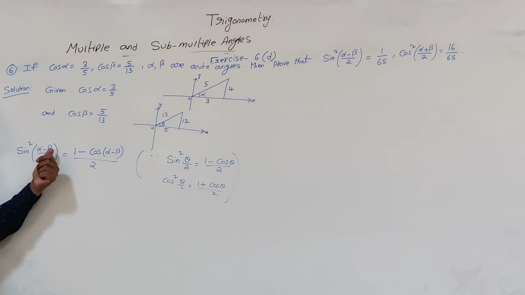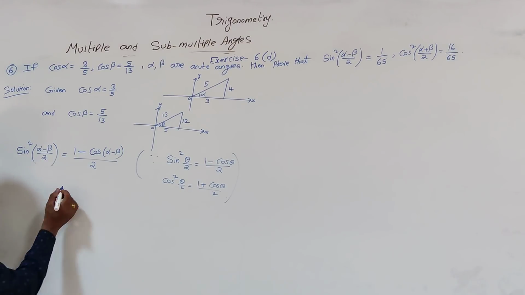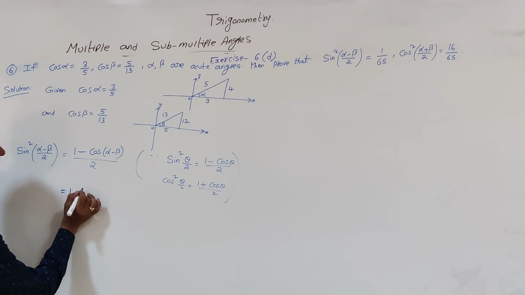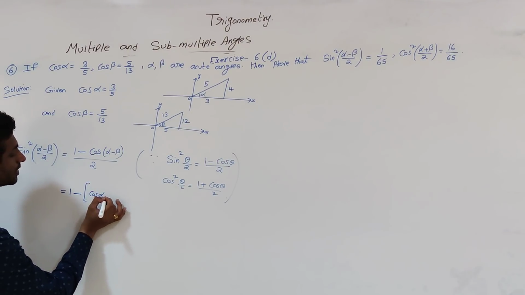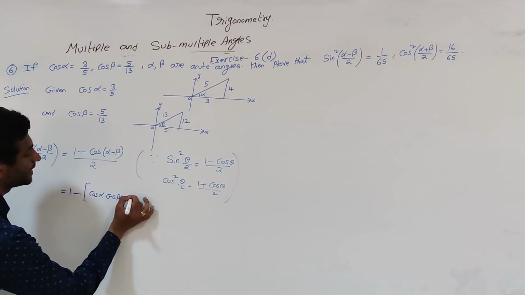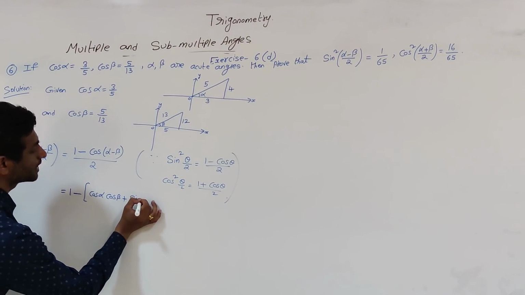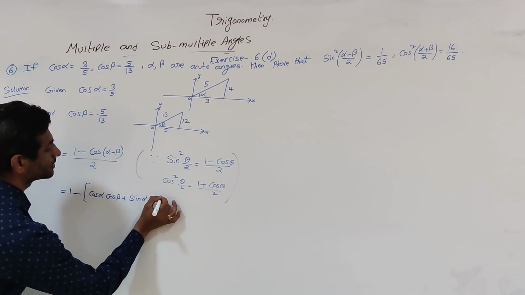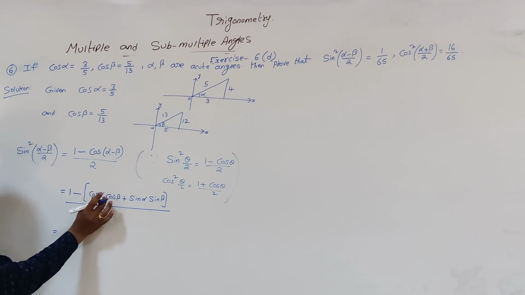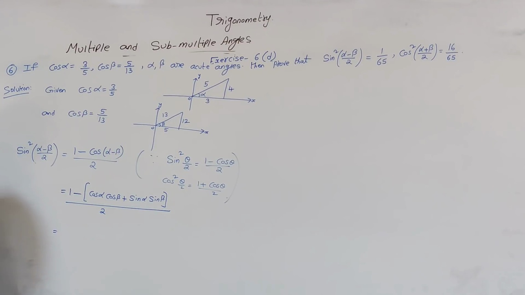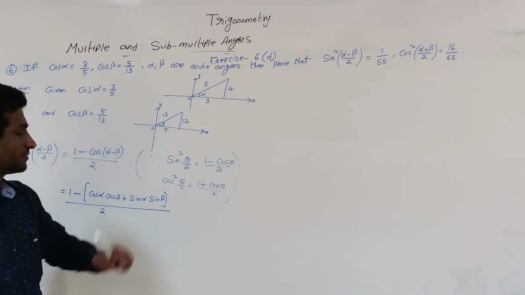It is alpha minus beta. So 1 minus cos of (alpha minus beta), which is cos alpha cos beta plus sin alpha sin beta, all by 2, and substitute the values of cos alpha, cos beta and sin alpha, sin beta from this figure.